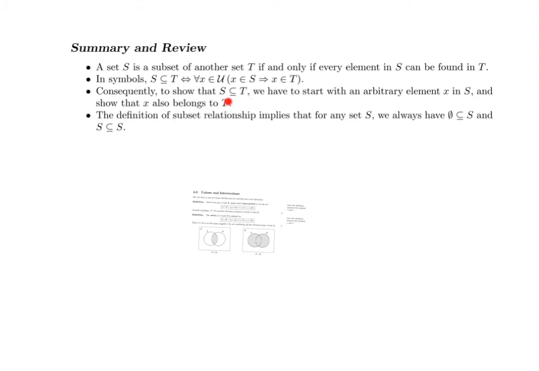In other words, this is the subset definition. Remember that the empty set is a subset of any set, and any set is a subset of itself. But don't forget the definition of proper subset. It's definitely not the case that a set is a proper subset of itself.